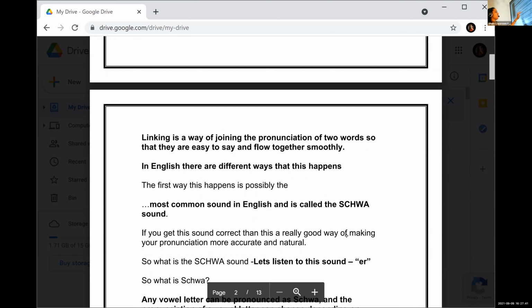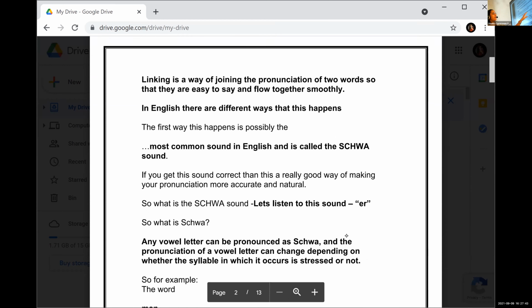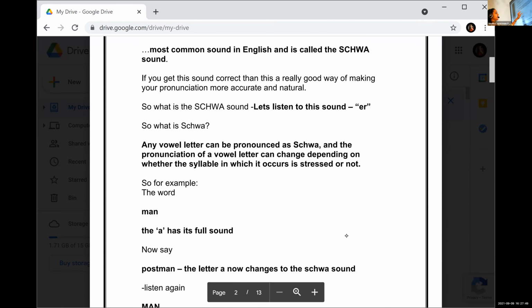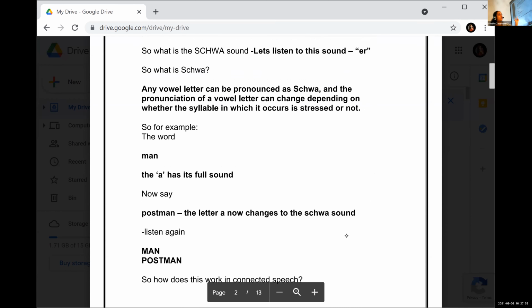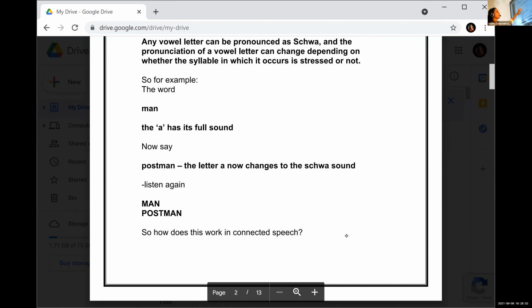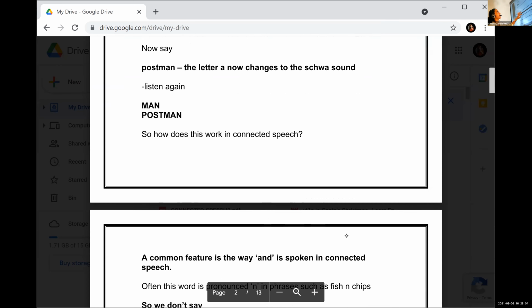Now look at the example. The "a" has its sound completely in man, but if you use it in postman, it does not have the complete sound. It has a schwa sound. Okay. Another way of linking.